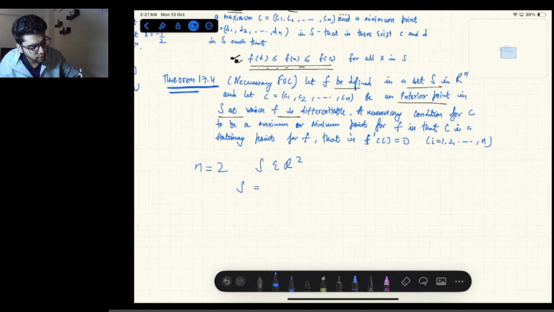S will have a function f, and the function f will have a form like f of x comma y, right? So it will become a two-dimensional function, right?